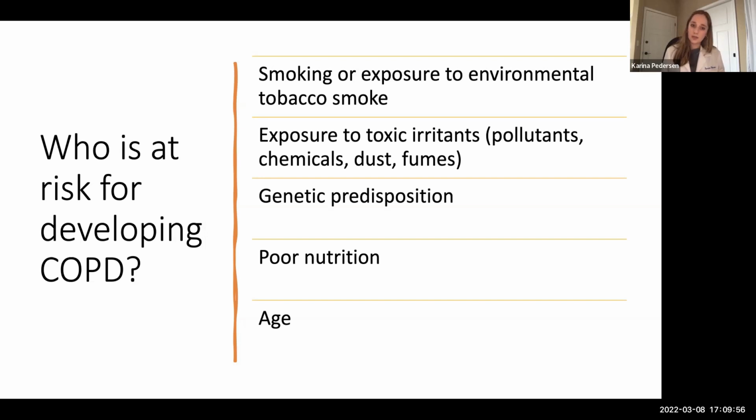That can cause COPD later in life as well. Sometimes people also have a genetic predisposition to COPD, and poor nutrition can also cause it. There's an unknown link between those, and age also predisposes you for developing COPD later in life.